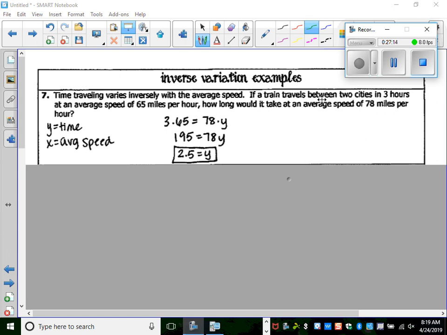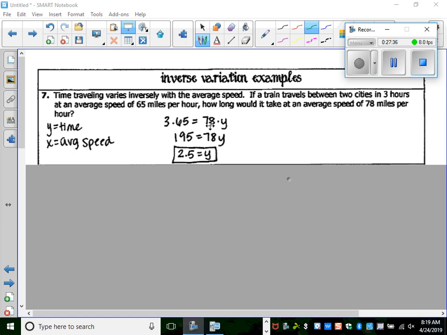If the train travels between two cities in 3 hours at an average speed of 65, so that's 3 times 65, how long will it take at an average speed of 78 miles per hour? So that's 78y, because time is y.